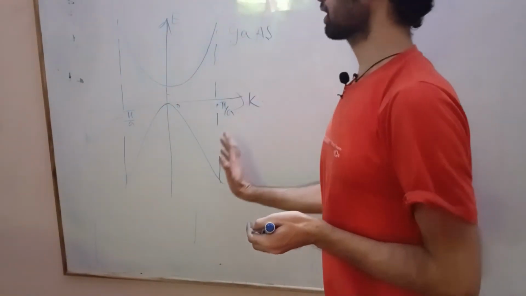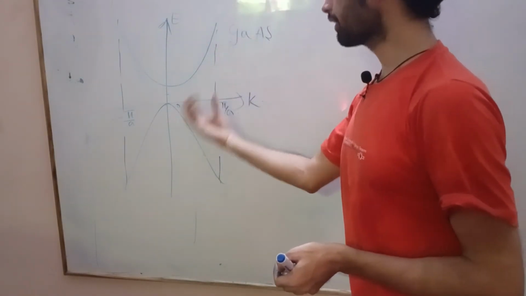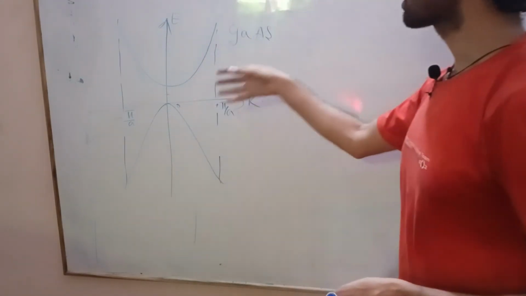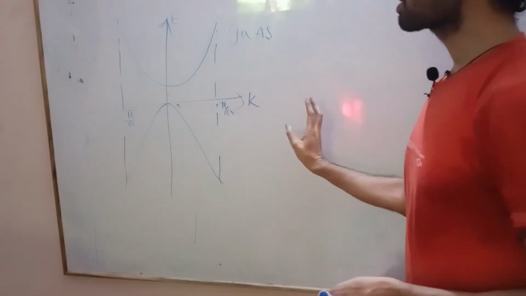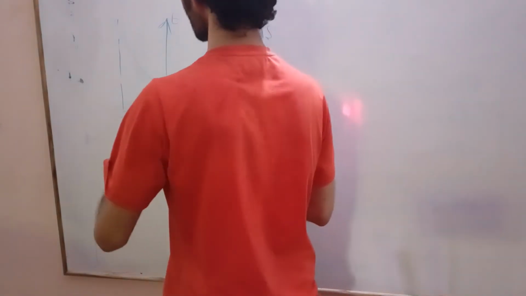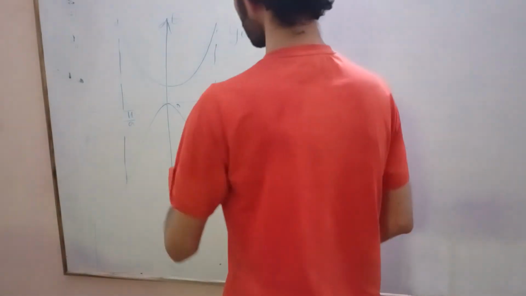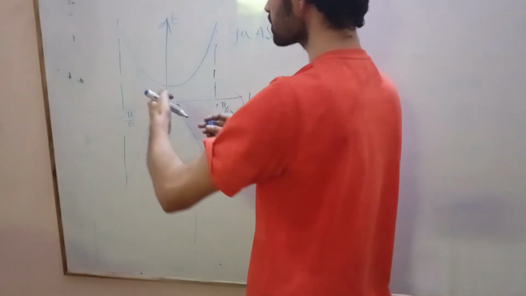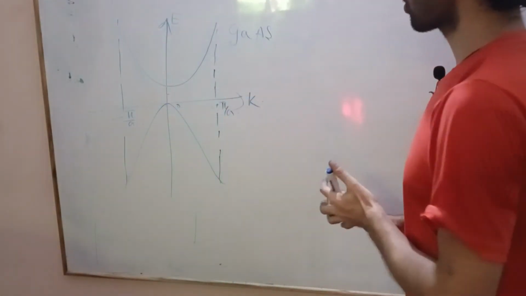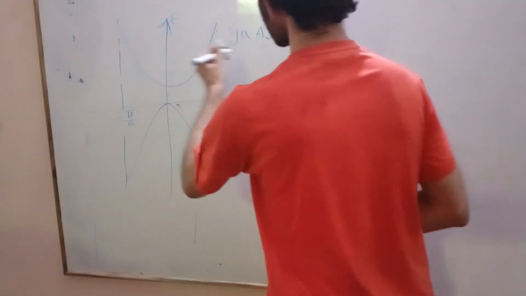Whatever information we get within one period about electrical and optical properties, all the other periods will give the same information. So it is better to confine ourselves within one period, which is a portion of the periodic waveform. This is for gallium arsenide.